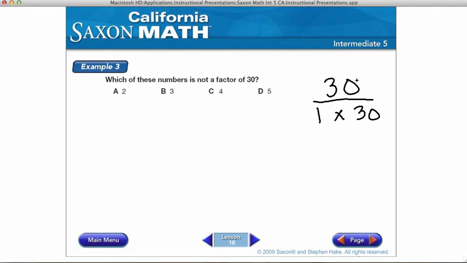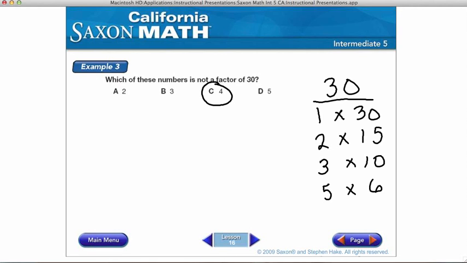Yes, it does. 30 has a 0 in the ones place, so it's even. 2 times 15 is 30. 3 times 10. 4 is not a factor. 4 does not go into 30 evenly, but 5 does. 5 times 6 is 30. So here are all of my factors: 1, 2, 3, 5, 6, 10, 15, and 30. So which of these is not a factor? 4 is not a factor.